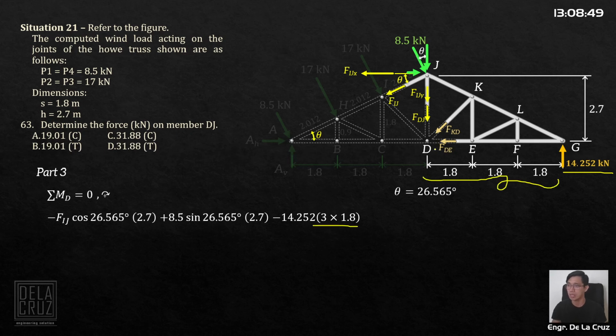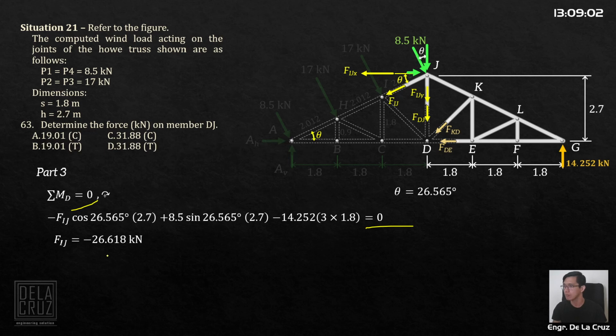So, wala nang force na magpapaikot about D, equal to 0. Kuha natin yung Fij, negative 26.618 kilonewton. Okay, negative 26.618 kilonewton. Ngayon, 27.